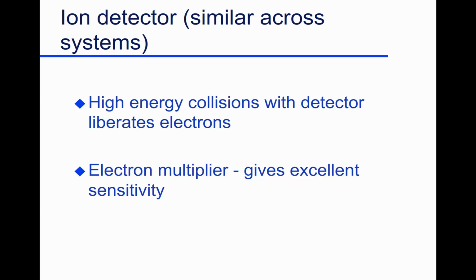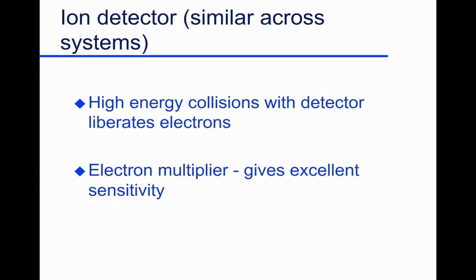What it basically shows is a system where these ions hit the first diode, and one fragment hits it, the diode gives off 10 new electrons. And then that's focused on another diode here that gives off 10 times more. So 1, 10, 100, 1,000.